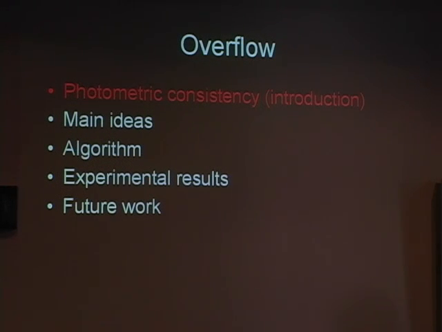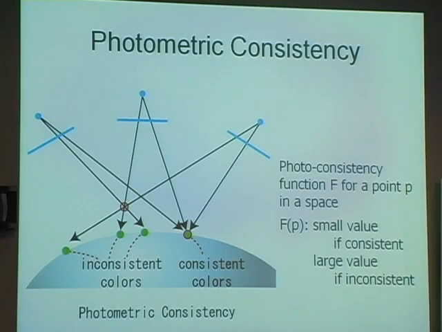So first, I'm going to talk about the photometric consistency function, which is really a key idea in 3D reconstruction. The basic idea of how to estimate 3D depth from multiple cameras is really simple. It's just what you do with your two eyes. If you close one eye, you can't really estimate depth information, while with two eyes you can. But people working on multi-view stereo look at this property in a totally different way.